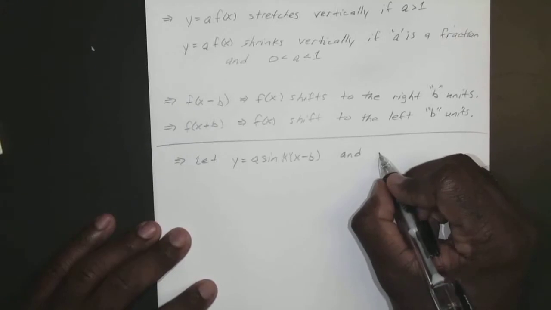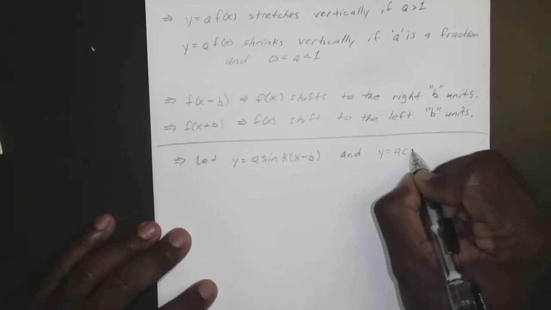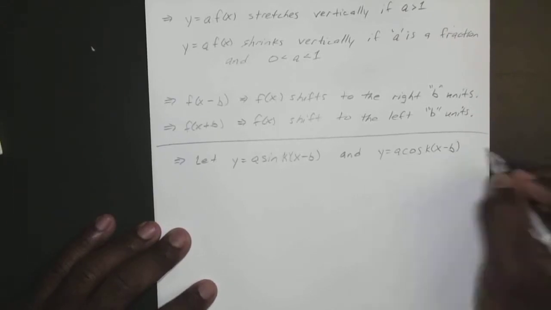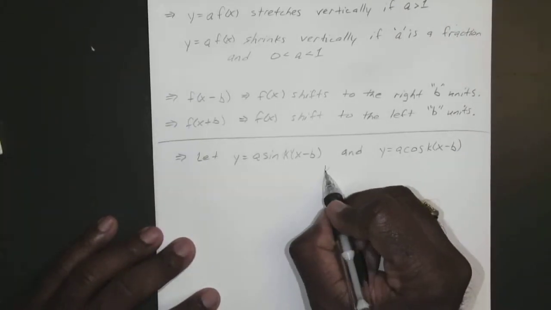And we'll also, since they're pretty much the same, y equals a cosine of k times x minus b. And we'll assume that k is positive.